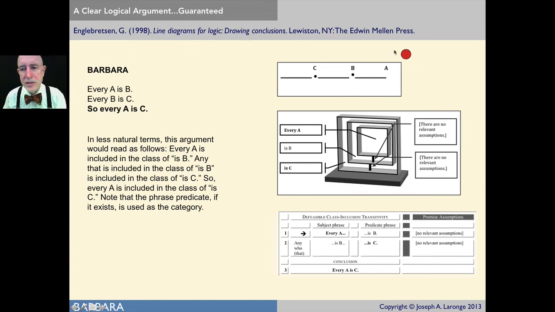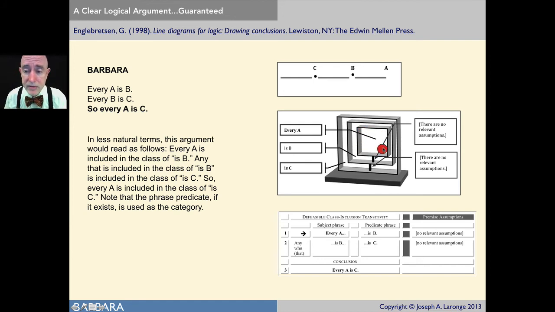And this is an argument diagram, the way he came up with, of how different premises and conclusions might look. And I've simply translated them into the categorical version for a defeasible class inclusion transitivity structure. Here you can see this represents not a Venn diagram now.